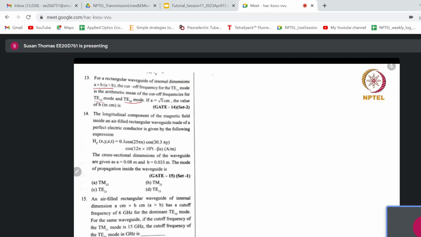So the statement says that Fc of TE11 mode is the mean, Fc of TE10 plus Fc of TE20 divided by 2. Now, if A, the internal dimension of the waveguide, is root 5 centimeter, what is the value of B?